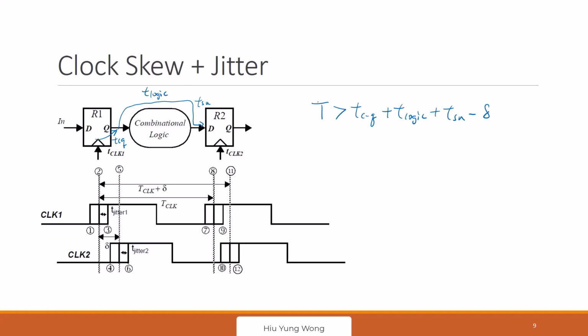Now, if I add jitter, we know the maximum jitter is 2 T jitter, the maximum one, equivalent to a skew. Are you going to add 2 T jitter or subtract 2 T jitter? Let's say you forgot to copy this equation in the Excel. Is it going to add or subtract?